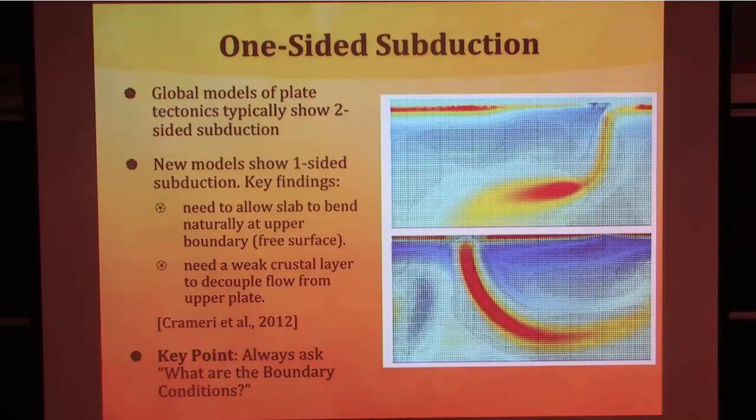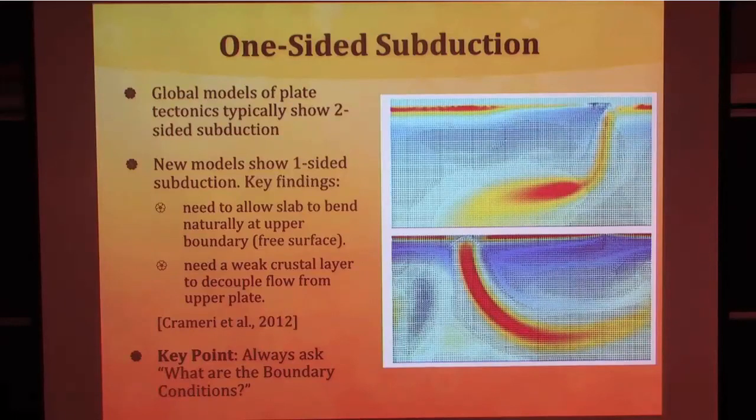Even though the topography that we see, a maximum of 20 kilometers or so, is tiny compared to the radius of the Earth, the stresses involved in holding up that topography are significant enough that they can create the natural conditions for an instability so that one side of the subduction will win.